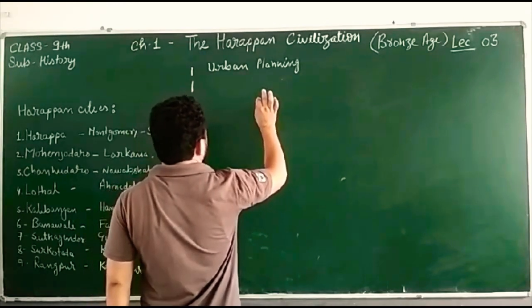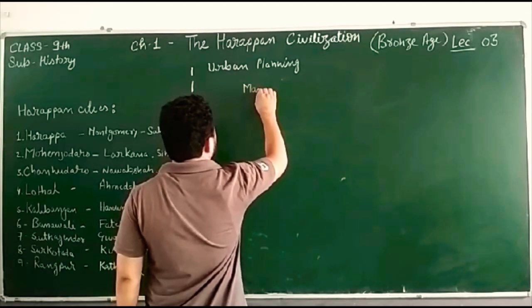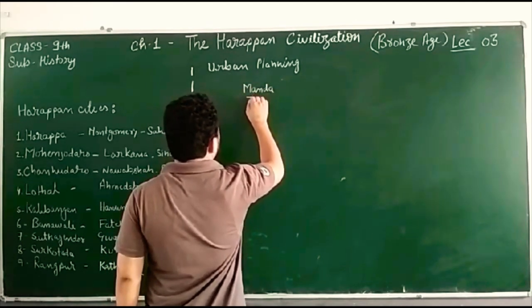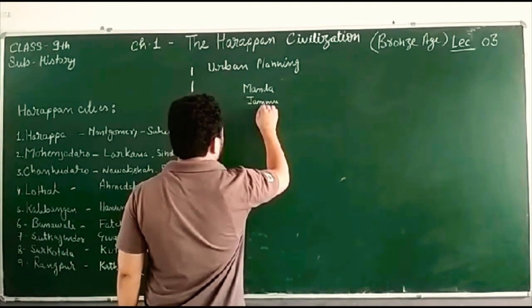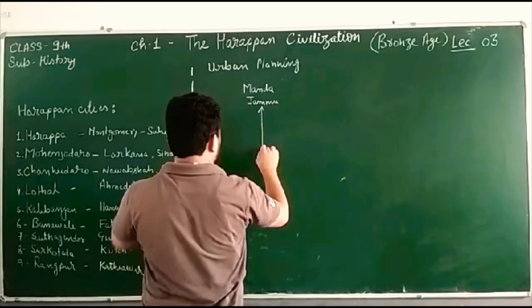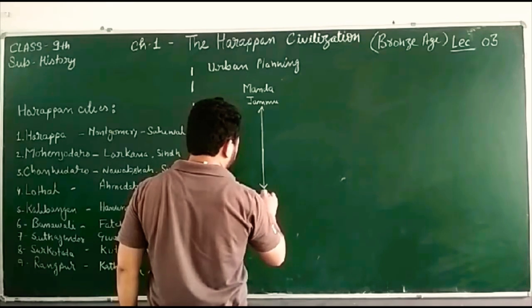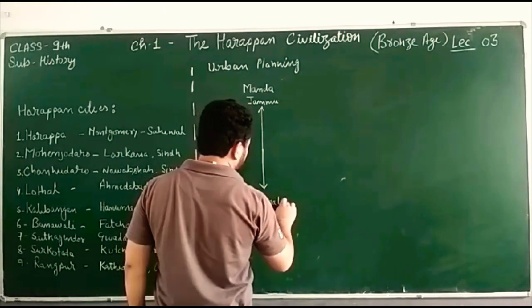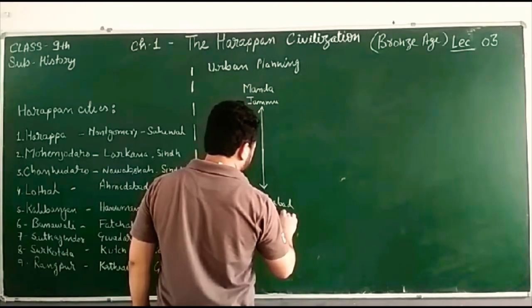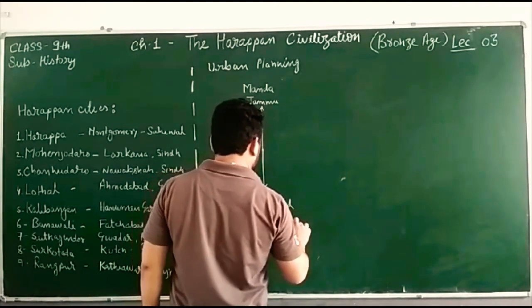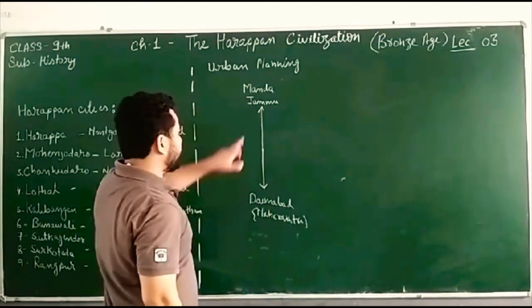So Harappan civilization extended from Manda in the north, which is in today's Jammu, right? And then Daimabad in Maharashtra, in the south.